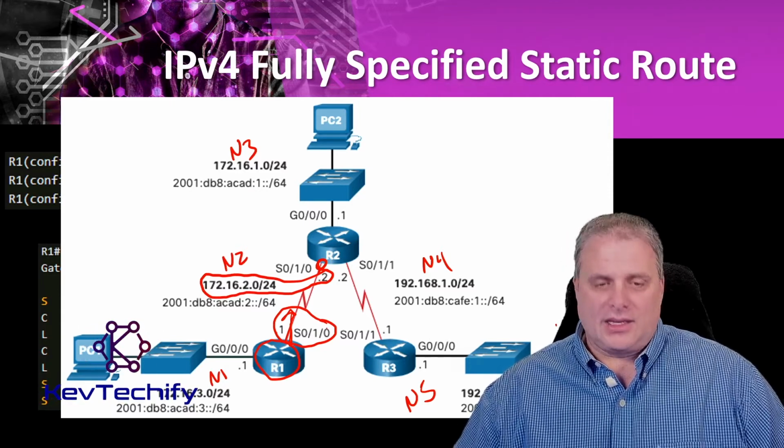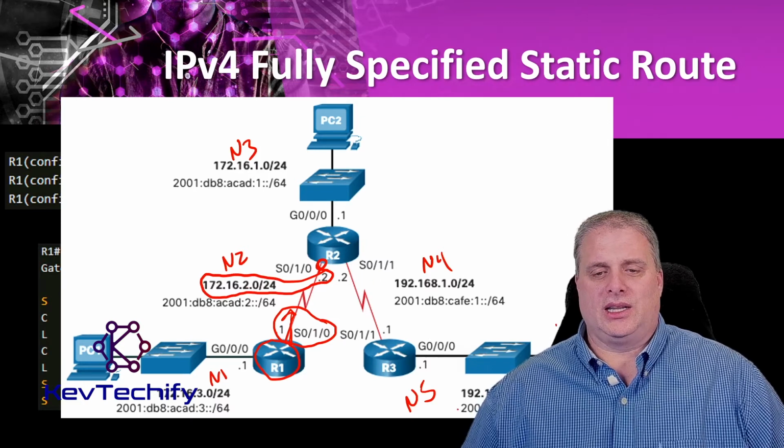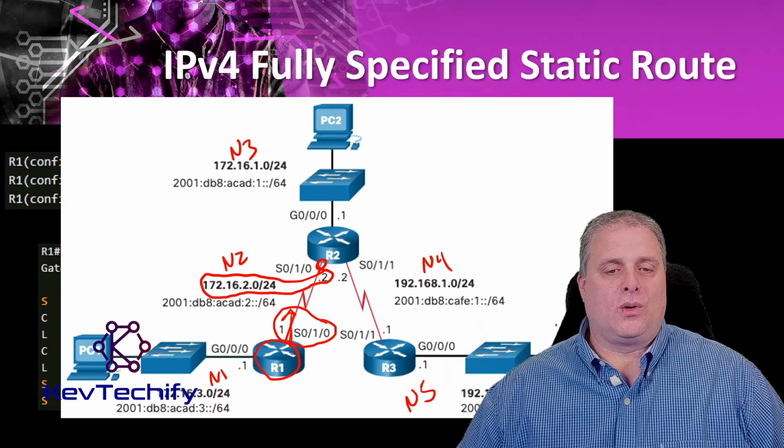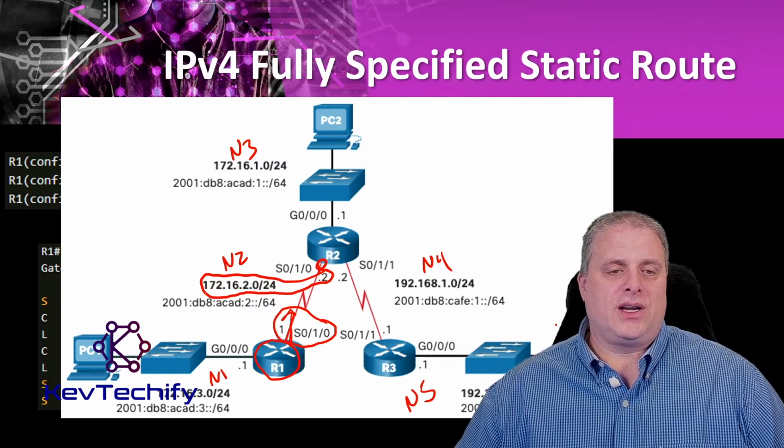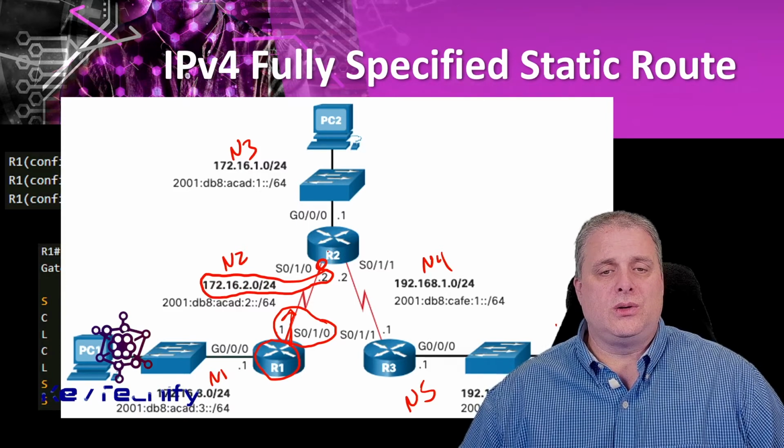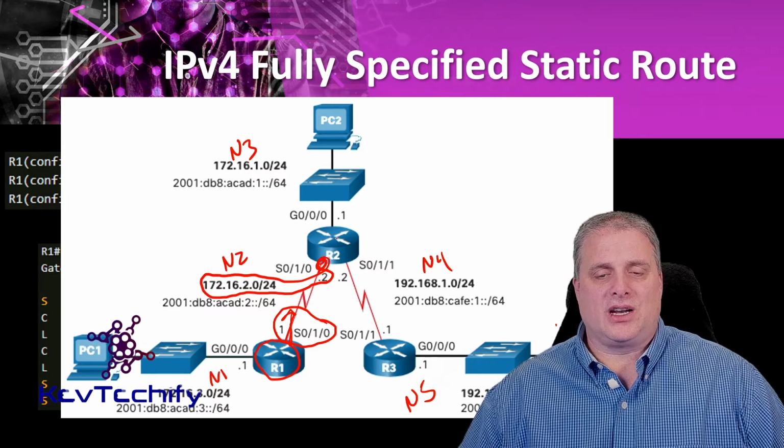To get to network 4, same thing, we have to go up to R2. Exit interface, IP address. To get to network 5, same thing, serial 0/1/0 is our exit interface, and 172.16.2.2 is the next hop IP address, which gets it up to R2.